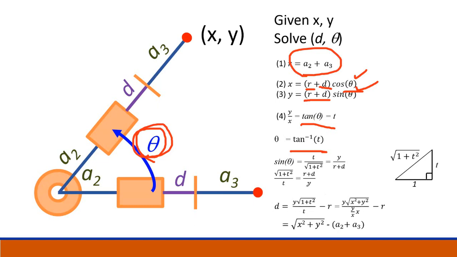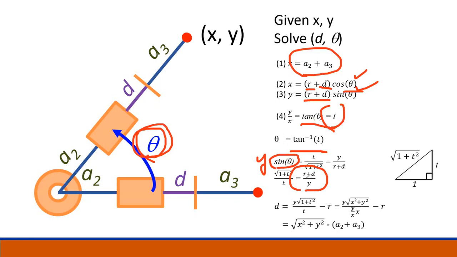So your D will be, okay. Your tangent theta is T, so your sine theta will be T over square root of 1 plus T squared, where T is the Y over X. So you come out with your sine theta. Okay, and Y equals R plus D times sine theta.